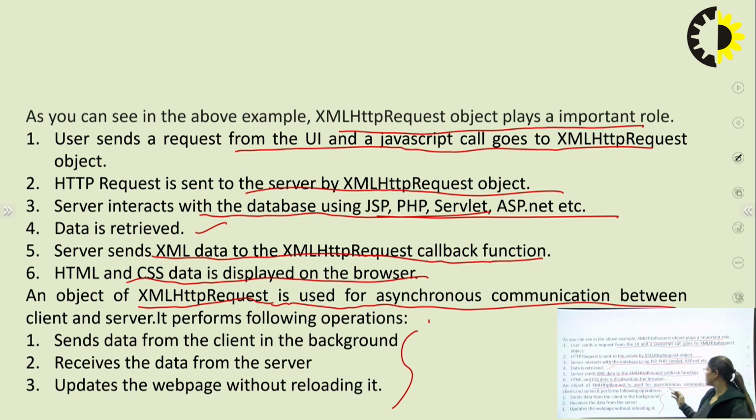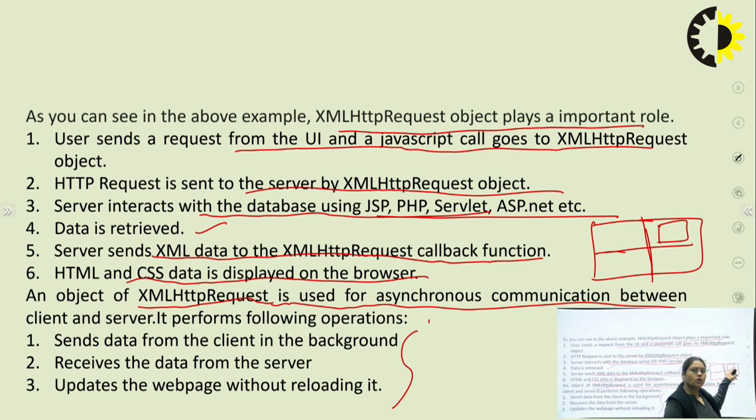Means, for example, if this is your web page, and it is divided into 4 containers, and I want to access the information of that part only, it will load that content only without refreshing the whole page.